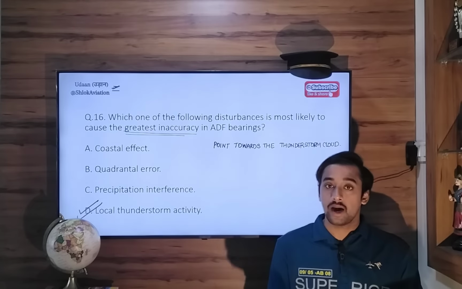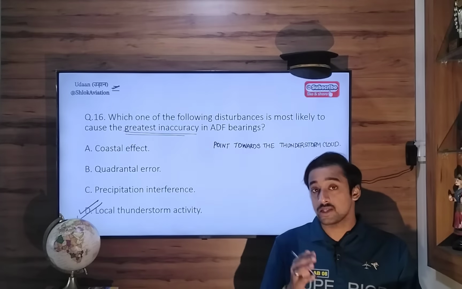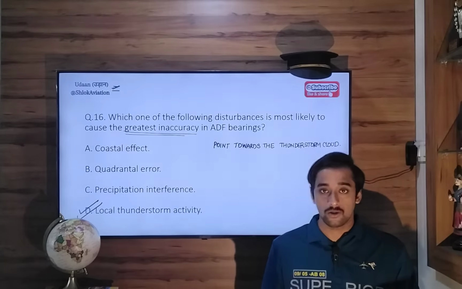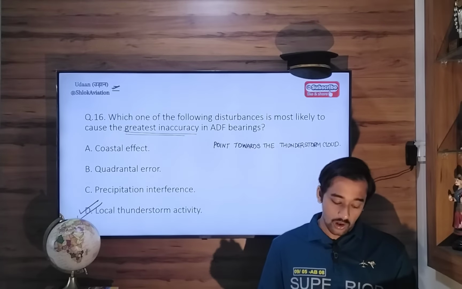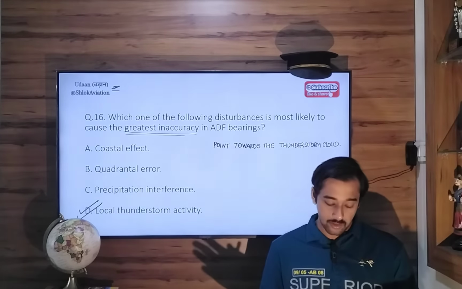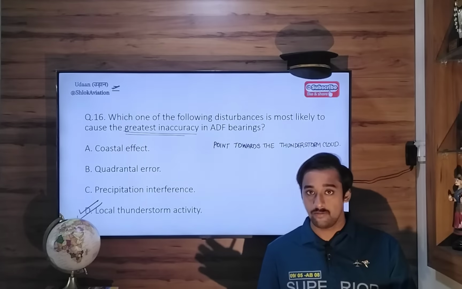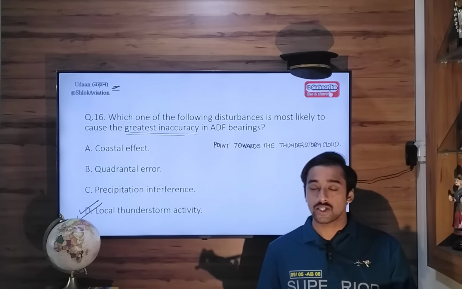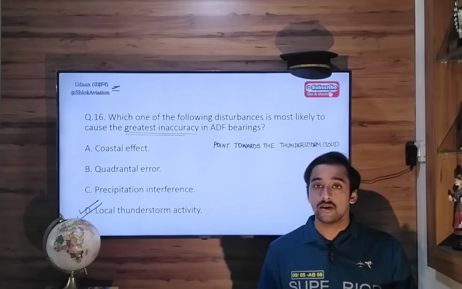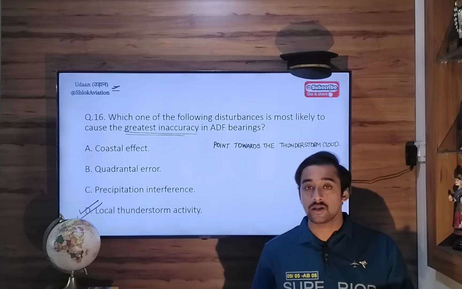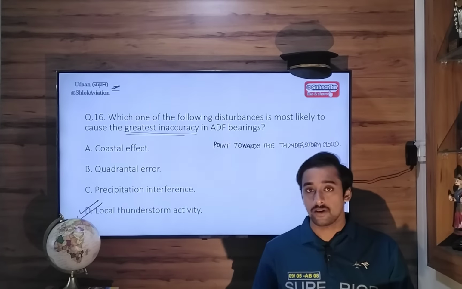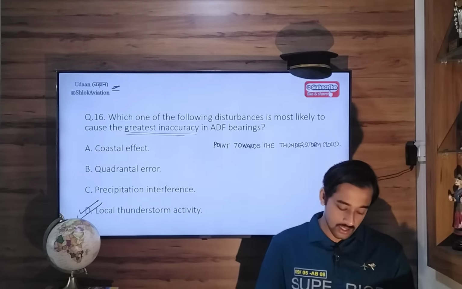So chances are the pilot, instead of flying to his NDB station, will be flying towards the thunderstorm cloud. All these errors are very important, but the greatest error will be produced by local thunderstorm activity, because of the electrical conduction around the thunderstorm cloud and the relative bearing indicator pointing towards the thunderstorm cloud instead of the station. That will produce a very grave navigation error.